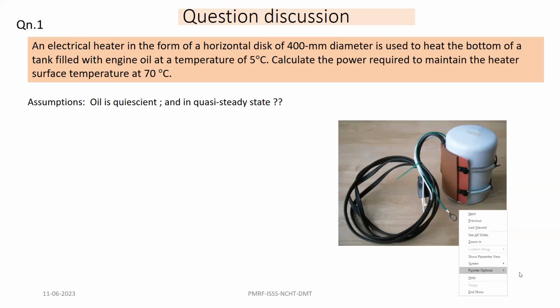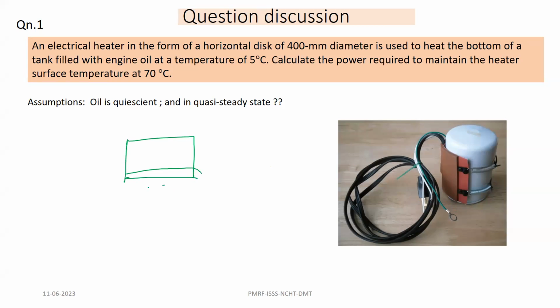There is a heater plate. Let me draw a schematic diagram. This is a disc, there is a disc at the bottom. It's a plate that is electrically heated, and there is oil above it. We will be supplying electricity through this.